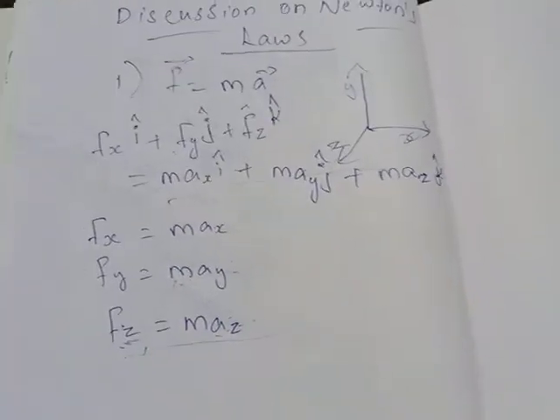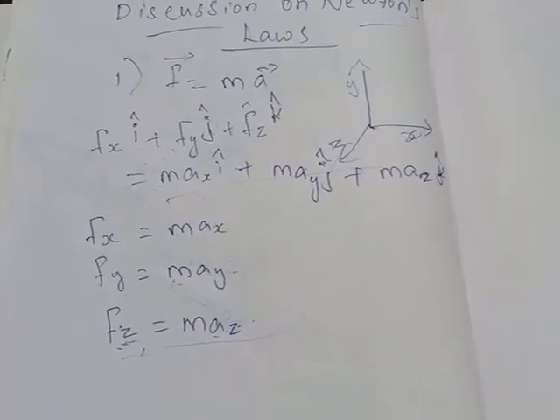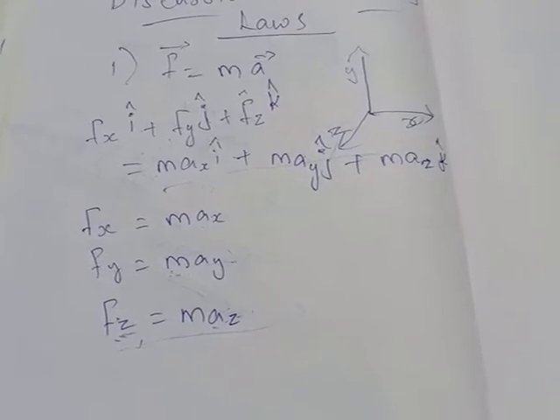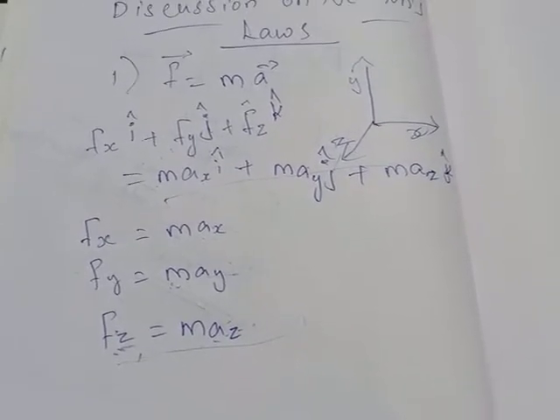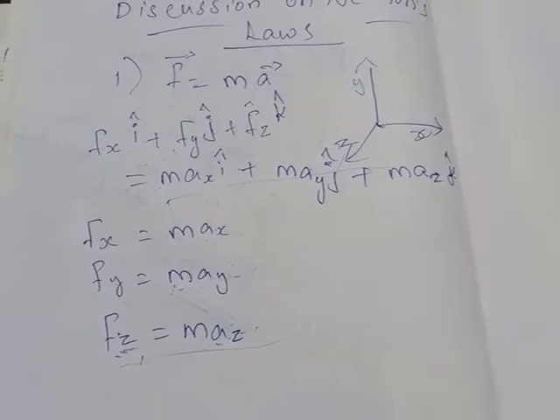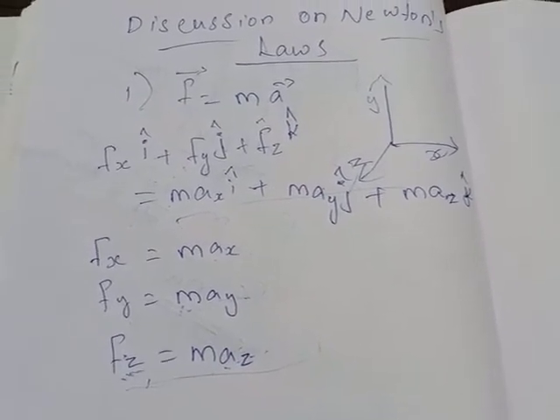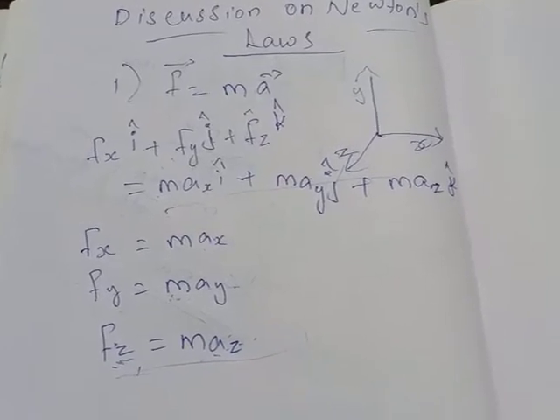This is the first point. So what is the first point? Newton's laws are vector laws. The equation F equals ma is a vector equation, and essentially it is equal to three scalar equations.